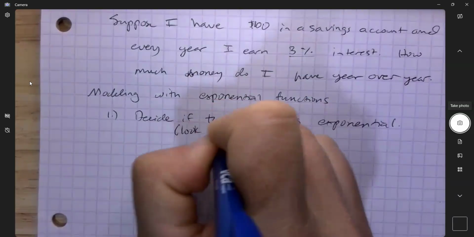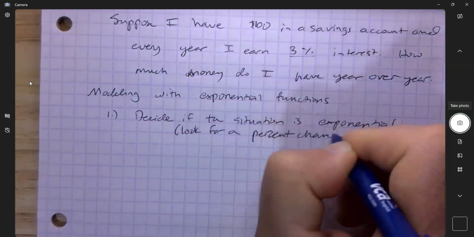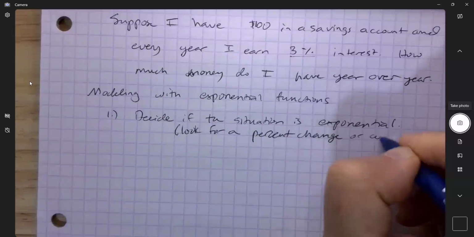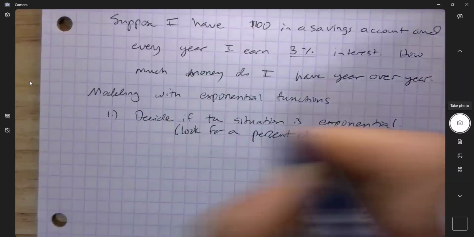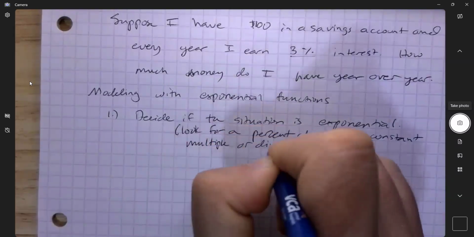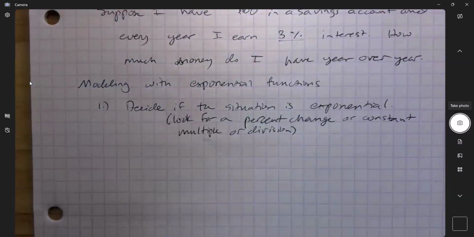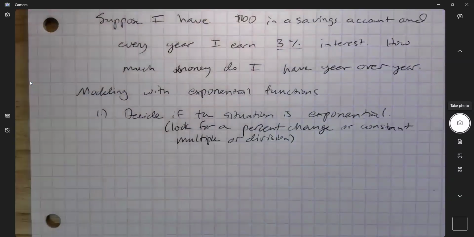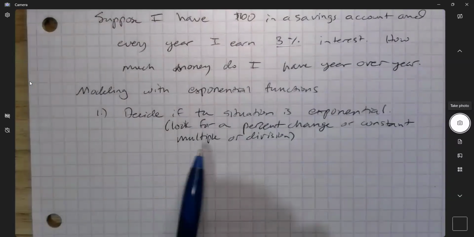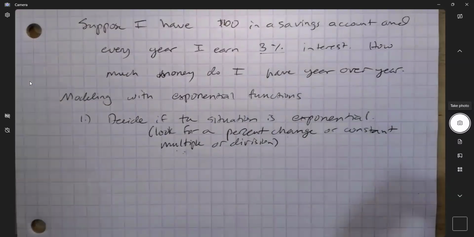Look for a percentage change or a constant multiple or division. If I said every year my money doubled, first of all, I'd be super happy. That's a constant multiple. In this case, it's a constant percent change.